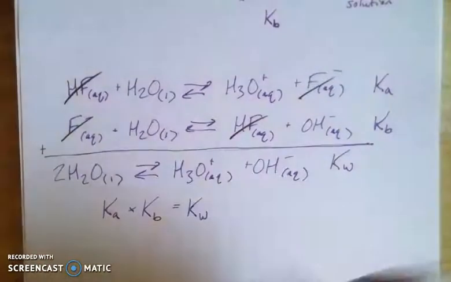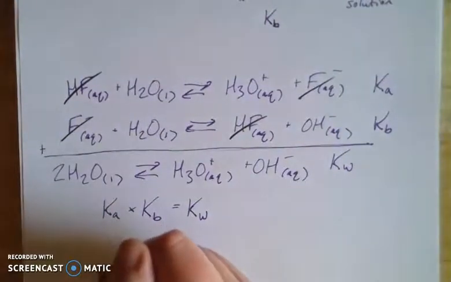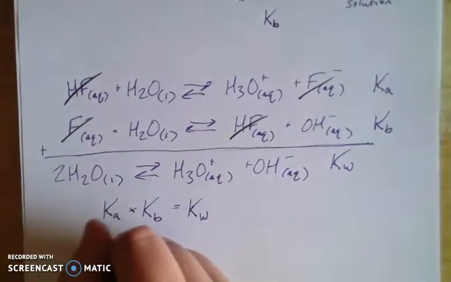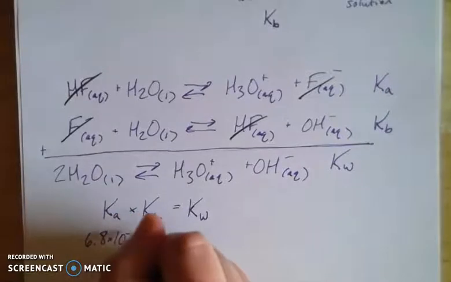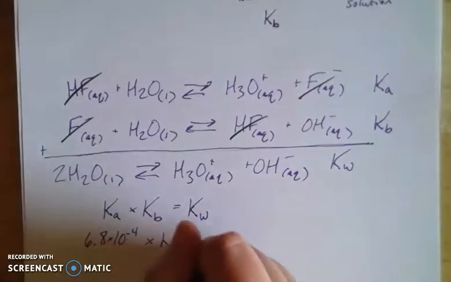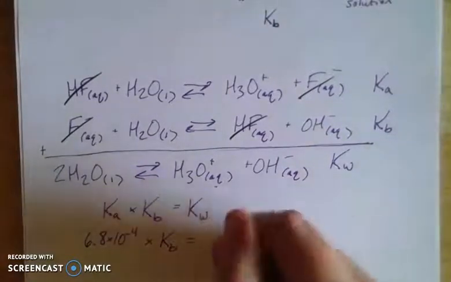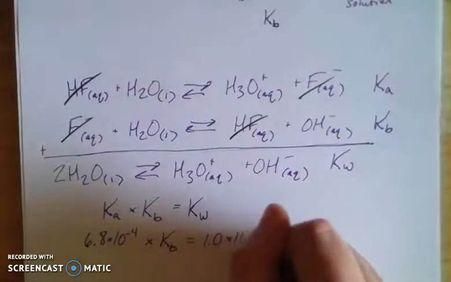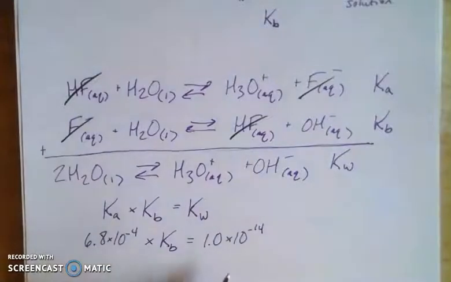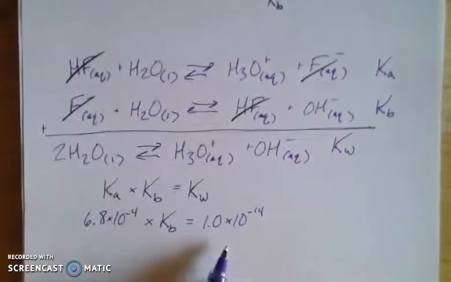So in this case, if I know that my Ka value is equal to 6.8 times 10 to the negative 4, and I want to find my Kb value, then that's going to be equal to the Kw, which we know is 1.0 times 10 to the negative 14th, and we know that because of the 14-point pH scale, and we know the autoionization of water like the backs of our hands because we've spent some time with it.